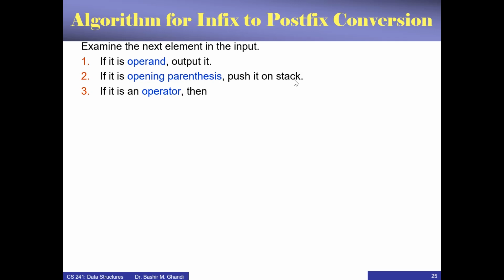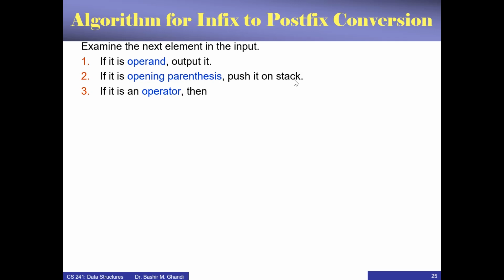So for example, if in the stack you have plus, then on top of it you can put times or slash for division, because these are higher than plus. That is only what is allowed. You cannot have a lower precedence operator on top of a higher one.